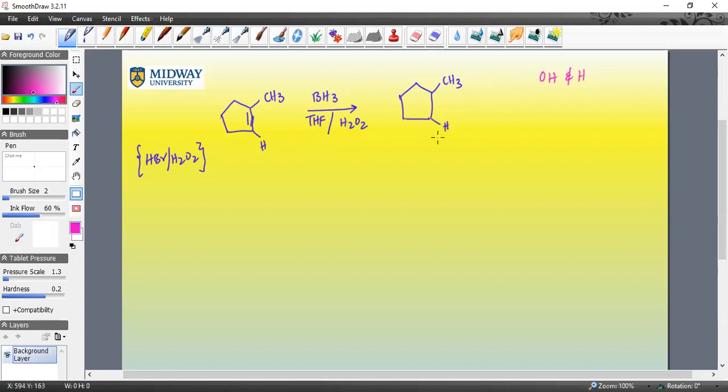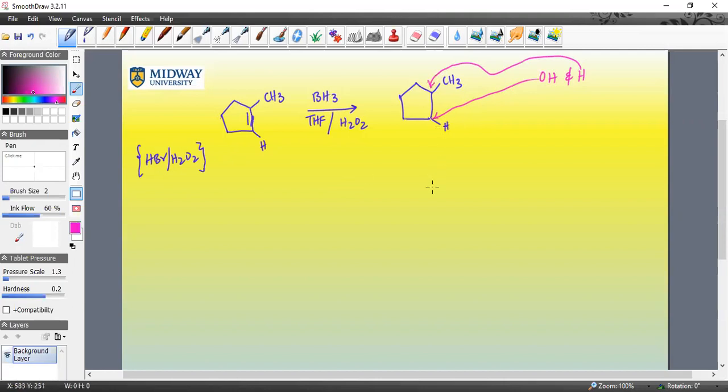Where do we add them? Well, in the previous case, the OH was added to the carbon containing the least number of hydrogens, and the hydrogen was added to the carbon containing relatively more hydrogens, right? But in this case, the OH would be added to the carbon containing more hydrogens, and the hydrogen would be added to the side of the carbon that contains the least number of hydrogens, right?